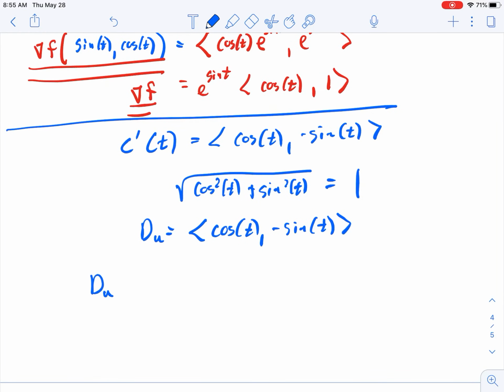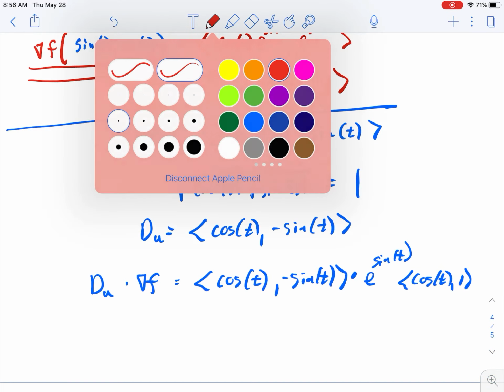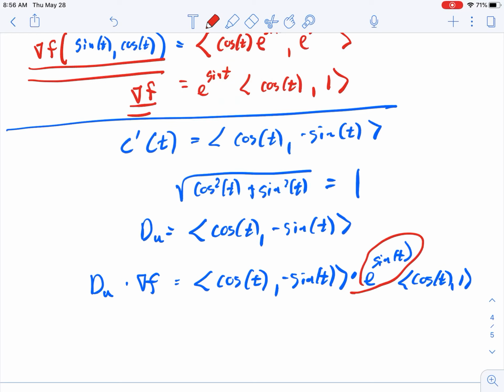Okay. So multiplying by the gradient of f. Okay, so now we'd have cosine of t, comma, negative sine of t, and dot it with e to sine of t and cosine of t, comma, 1.